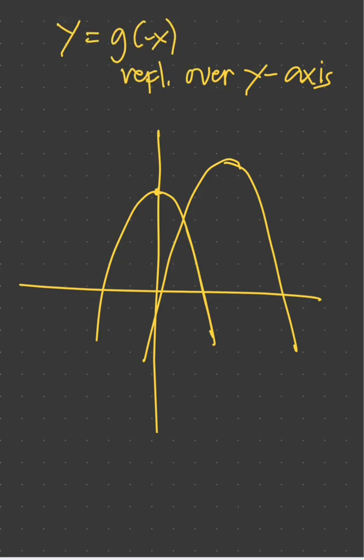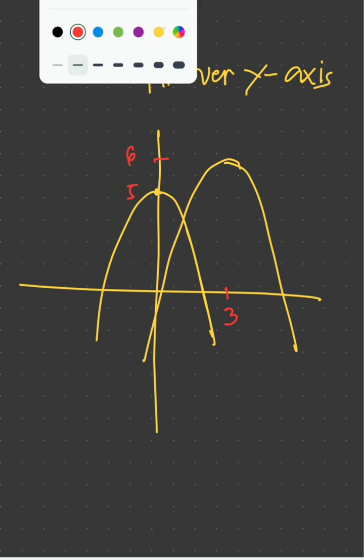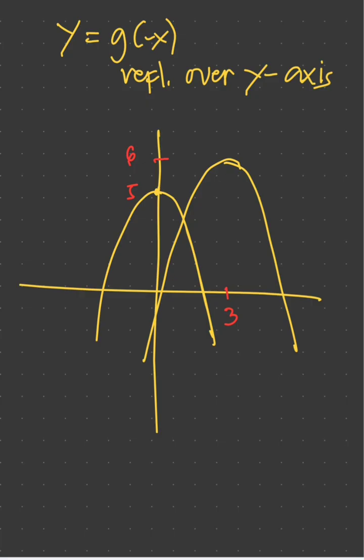So what will happen to our graph? We will count how many units to the left. If this is 3 and this is 6, this is 5, 0. So what will happen to your graph? It should be in negative 3, right?